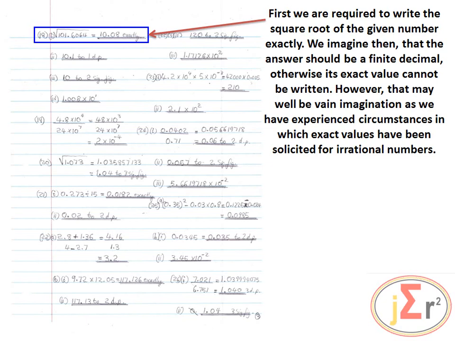If you have an infinite decimal, there is no way that we can write its exact value, because the decimal continues forever. We can write an approximate value, but not an exact value. So because we are required to write the exact value of that number, we imagine that the answer should be a finite decimal. Otherwise, its exact value cannot be written.